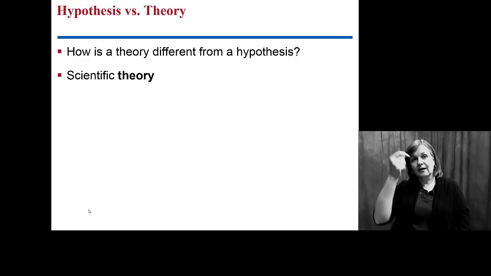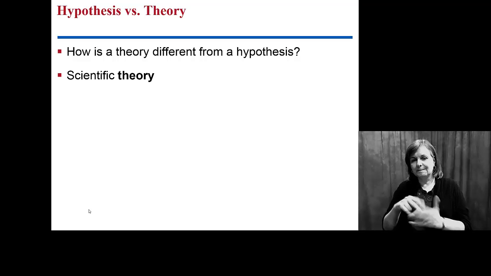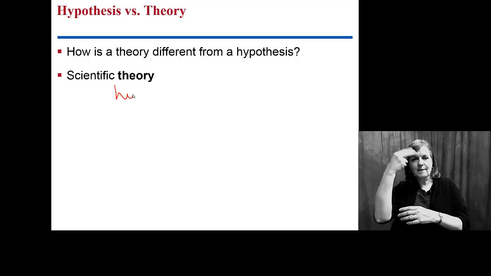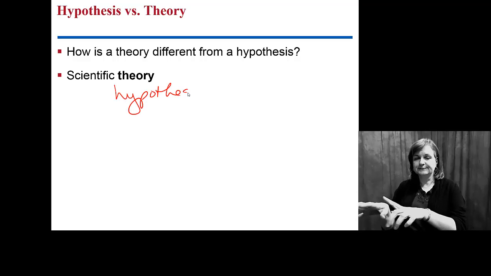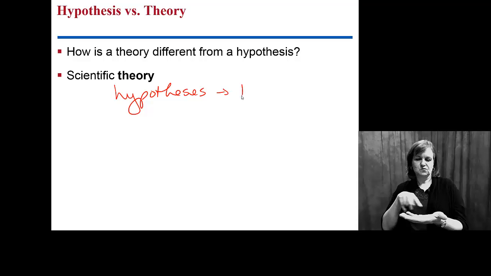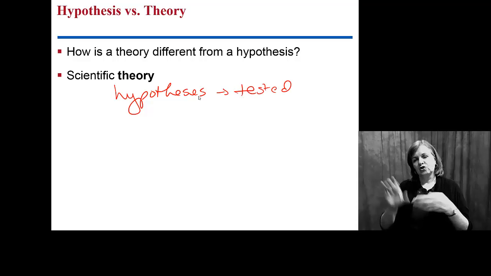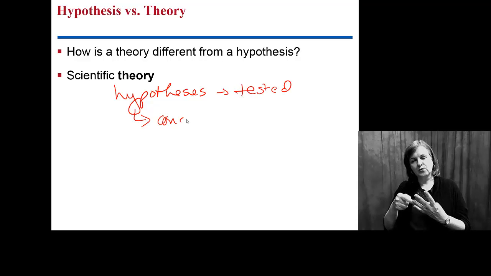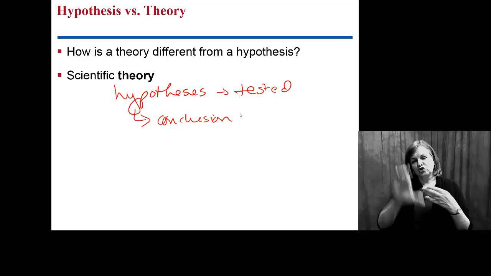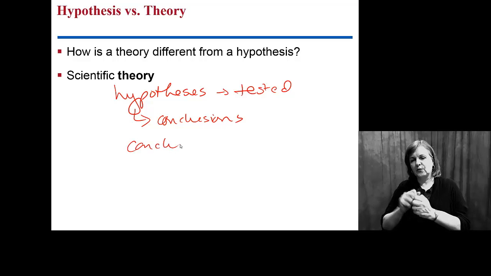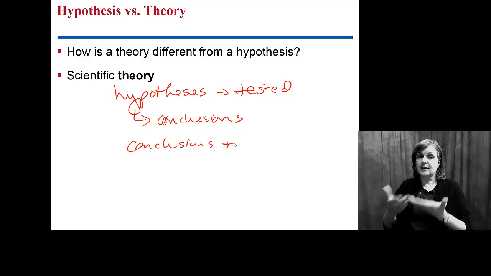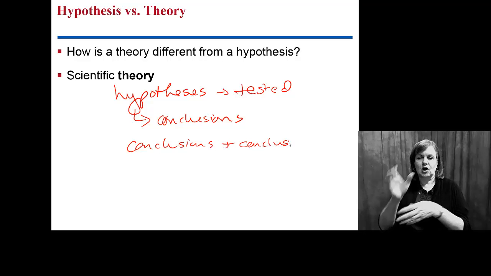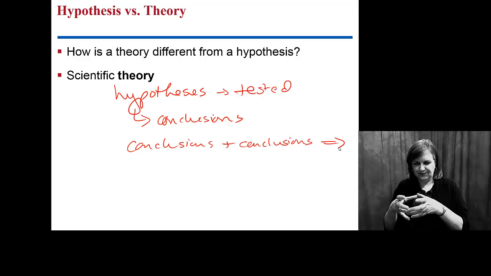So a scientific theory is simply taking a whole bunch of hypotheses that have been tested. We look at the conclusions from those hypotheses. We put those conclusions together with other conclusions, and perhaps many, many conclusions.